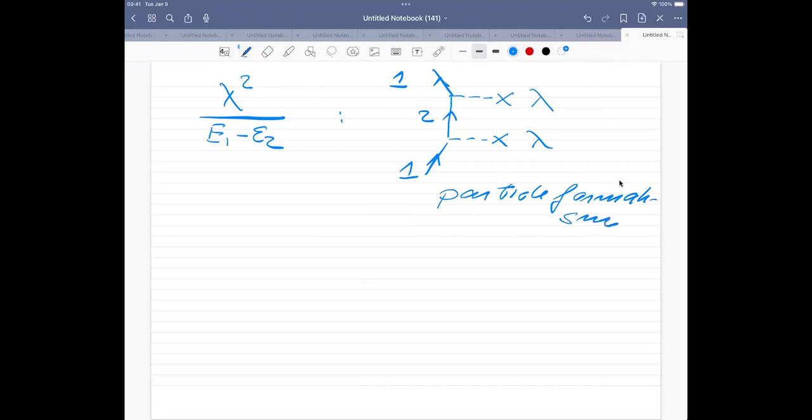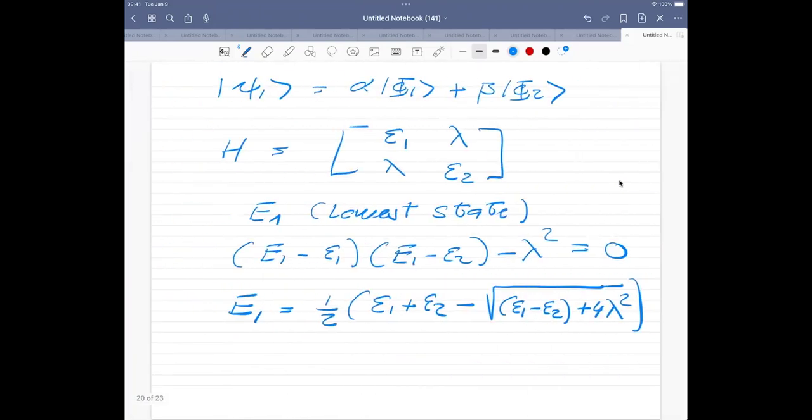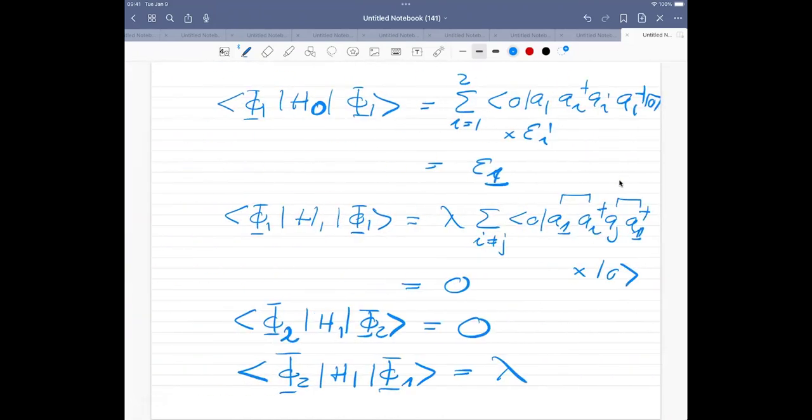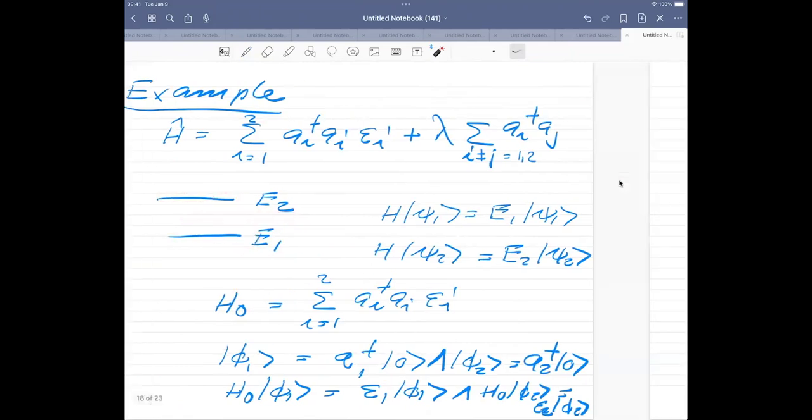But we could rewrite this in terms of a particle hole formalism. So in the particle hole formalism, we would think of this state 1 as our reference state. That means that we would simply then say that there is a Fermi level which goes here. So we would simply put the Fermi level here, and we would treat that state as a hole state, and this as a particle state.